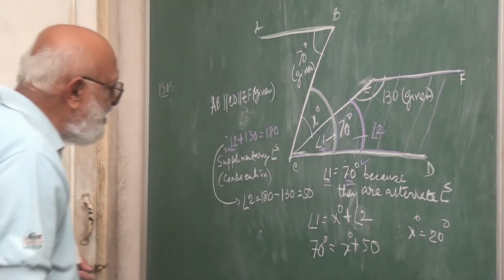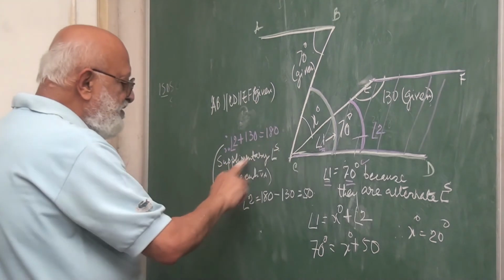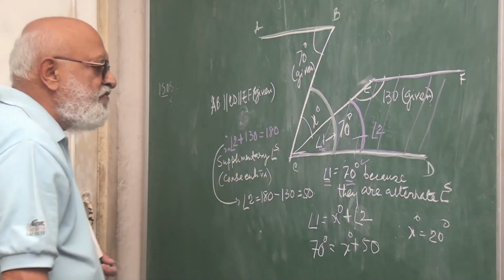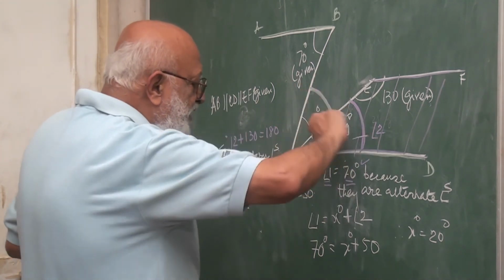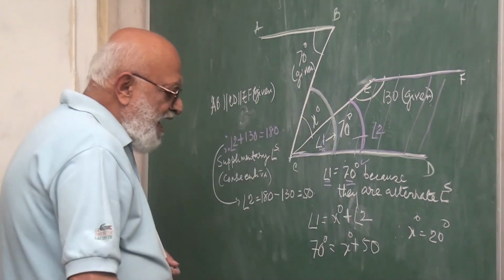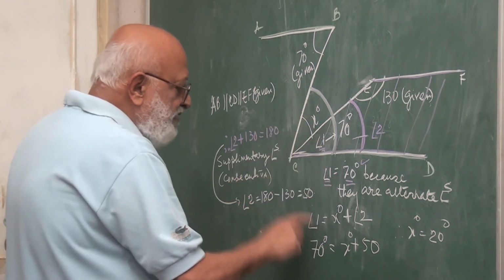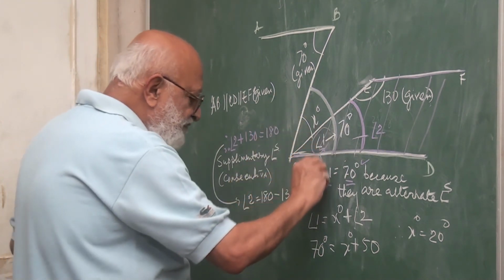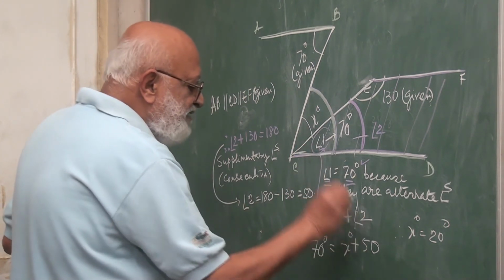Angle 2 plus 130 degrees is equal to 180 because they are supplementary, consecutive angles. And the bigger angle, angle 1, is equal to x plus angle 2.